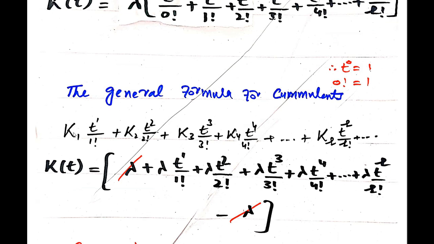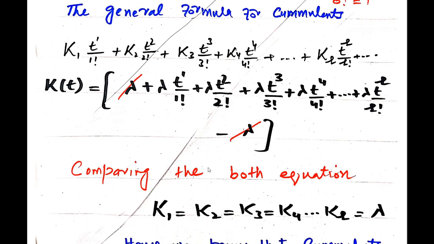And our formula for cumulant is k1 t over 1 factorial plus k2 t square over 2 factorial plus k3 t power 3 over 3 factorial plus k4 t power 4 over 4 factorial plus so on, kr t power r over r factorial. So compare this equation with this general form of cumulants. Comparing both equations, we have k1 multiplied with t, so here our k1 is lambda.